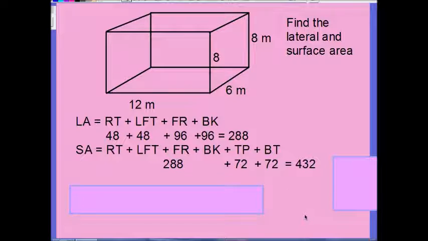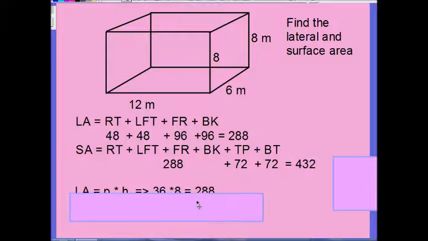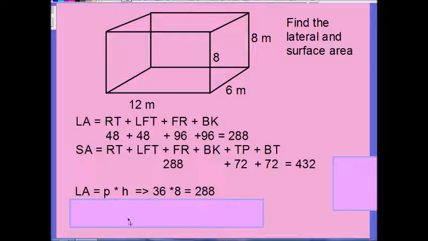Now, there is an alternative way of doing this. Another way you can find lateral area of a prism is that lateral area can be defined as the perimeter of the base times the height of the prism, where height refers to the distance between the bases. So let's go ahead and write that down.